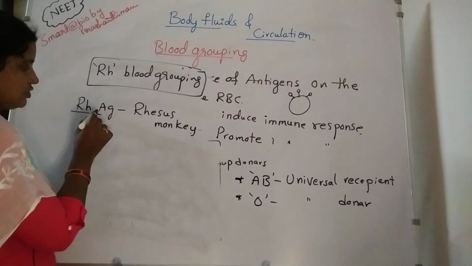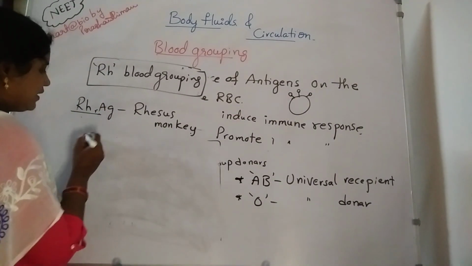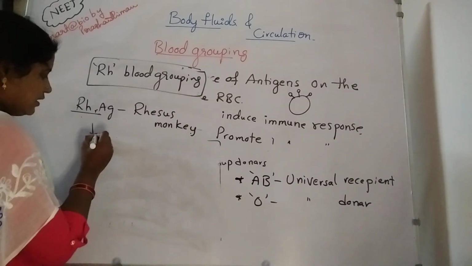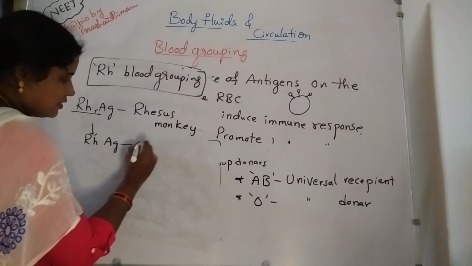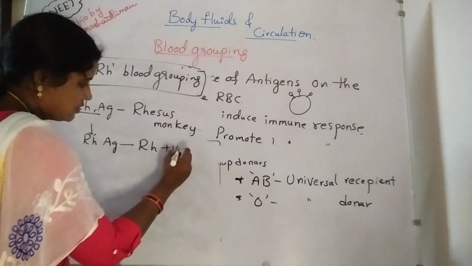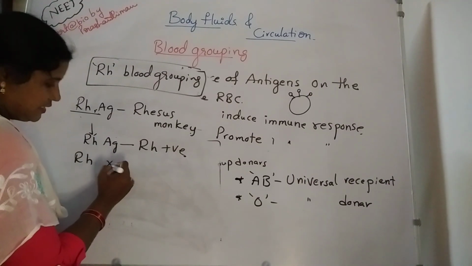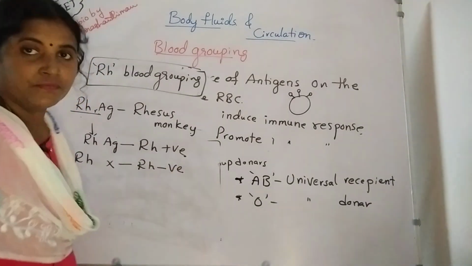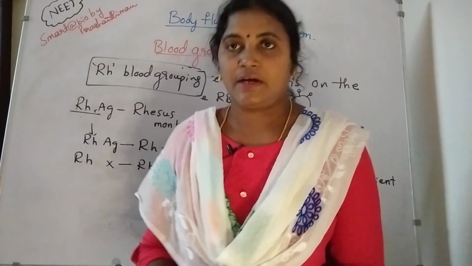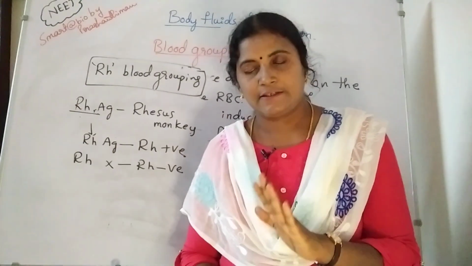So if the RH antigen is present, he is considered an RH positive person, and if the RH antigen is absent, the person will be RH negative. RH factor means the RH antigen which is present on the blood cell surface.